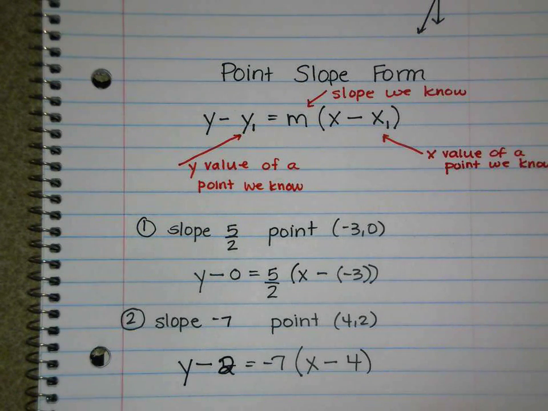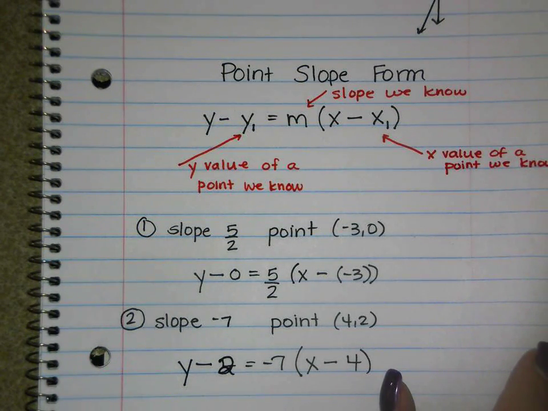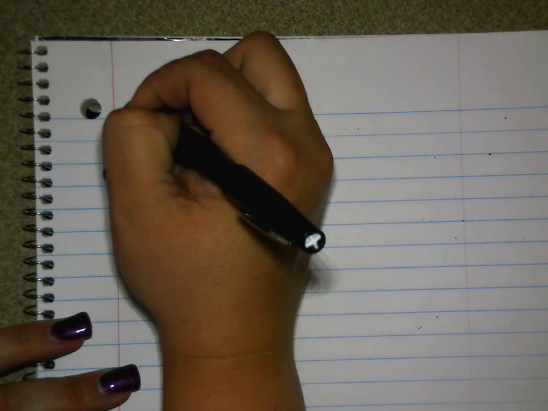Okay? Other times, it's going to ask you to write that linear equation in slope-intercept form. So I'm going to turn the page. If you need to stop and pause, that's fine. I'm going to show you how to continue this out. Okay, so, a clean piece of paper, same example, right?